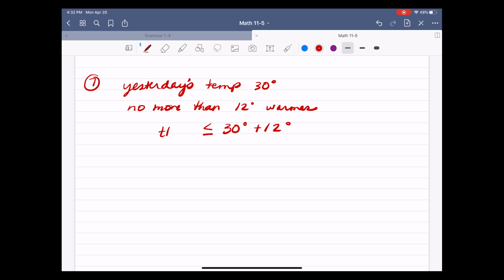So tomorrow's temp is going to be less than or equal to yesterday's temperature of 30 degrees plus no more than 12 degrees. So the new temp is going to be less than or equal to 42 degrees.